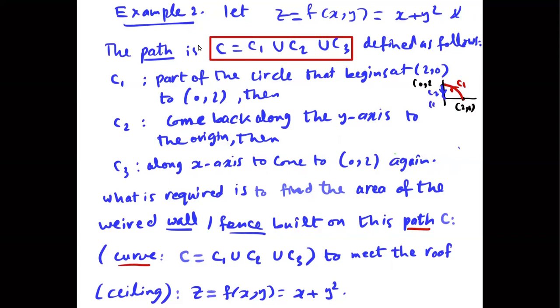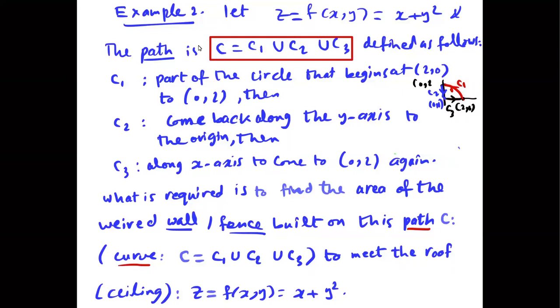This is the origin, (0, 0). The third part goes along the x-axis to come to (2, 0) again. This is the part C3. So the curve we are talking about is the union of these curves. It's a closed curve: C1 union C2 union C3.